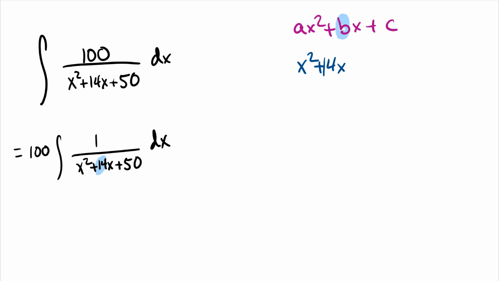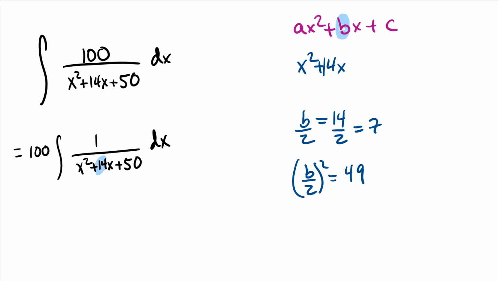So what we would say is our b is equal to 14. That's our b. So here's the game to completing the square. It's very simple. Cut it in half and square it. So cut it in half. That's 7. And then square it. That's 49.